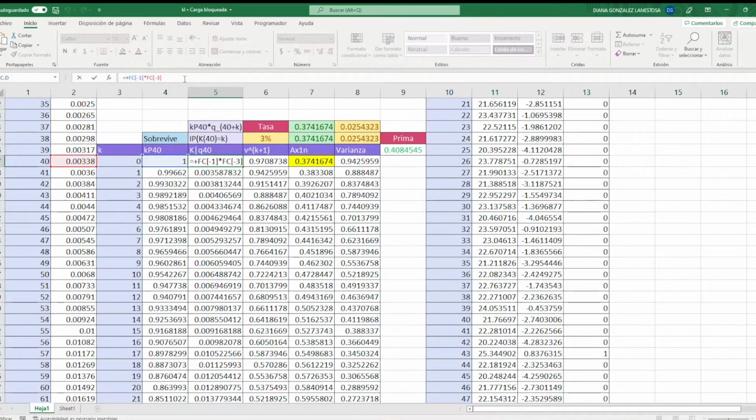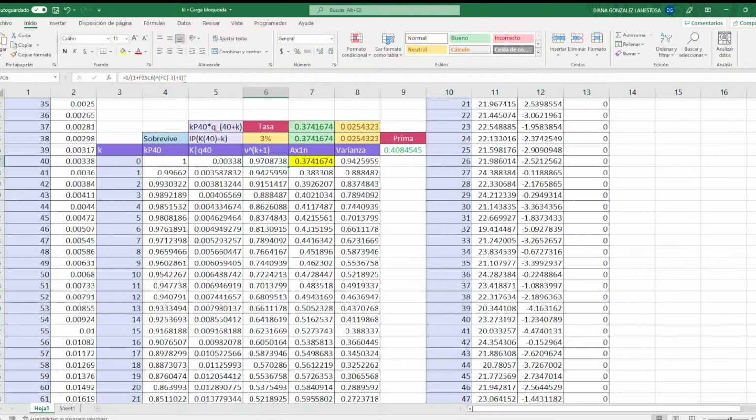Then we find the discount value, which is v to the k plus 1. So we are left with 1 divided by 1 plus the discount rate raised to the k plus 1. Assume it is paid at the end of the year, so k is 0 in the first year.